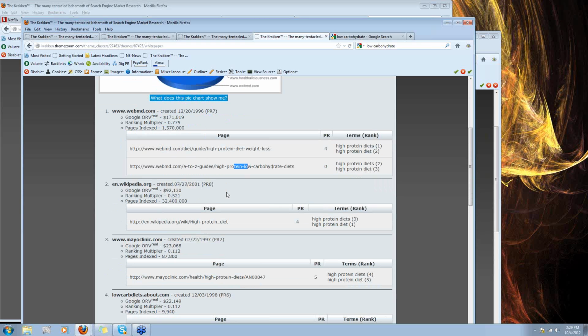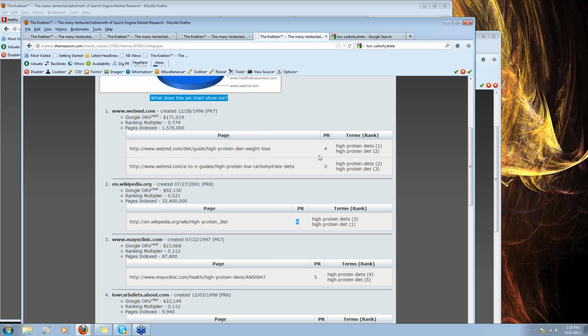So it's not like you can slide into position number 2 just because the page in position number 2 or position number 3, depending on which keyword you're looking at, is a page rank 0. Wikipedia holds the first position for high protein diet, and position number 3 after this one for protein diets.